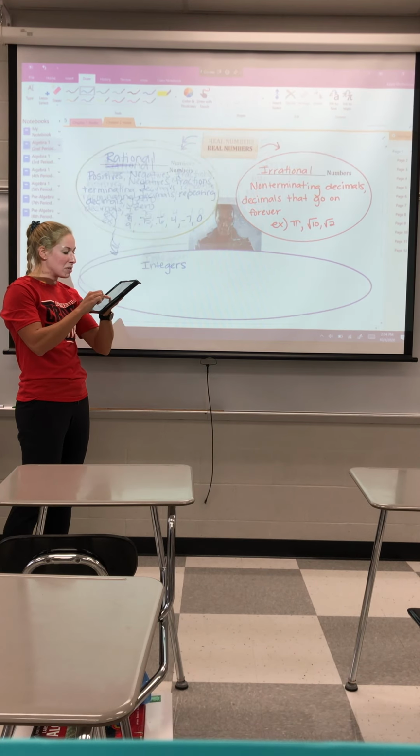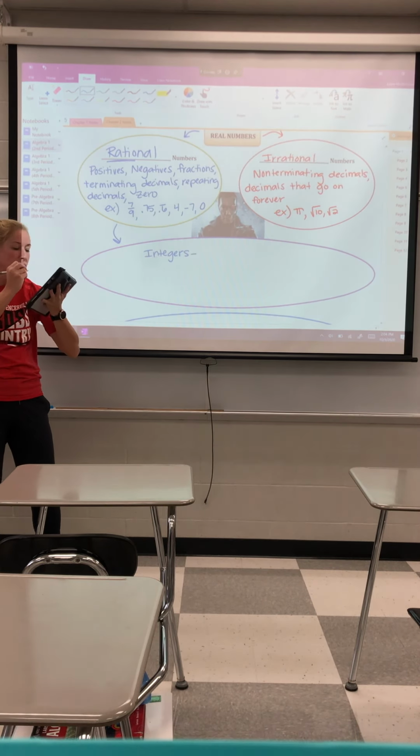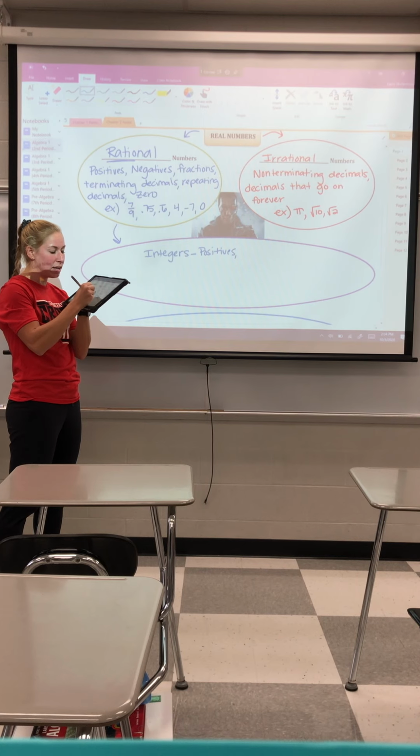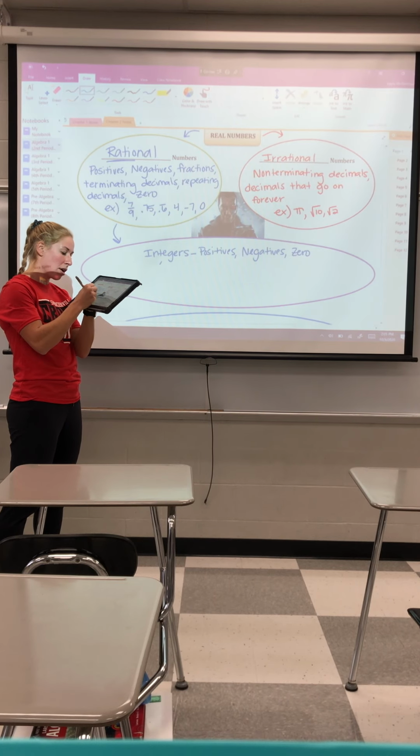So our next group of numbers, the integers. This includes your positives, your negatives, and 0. There are no decimals and no fractions.